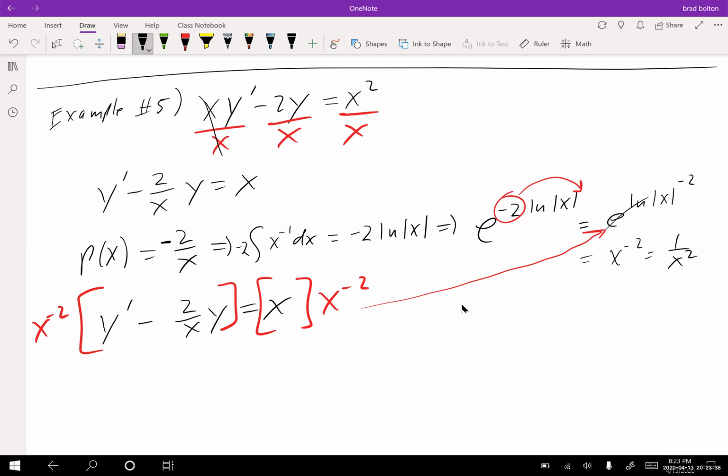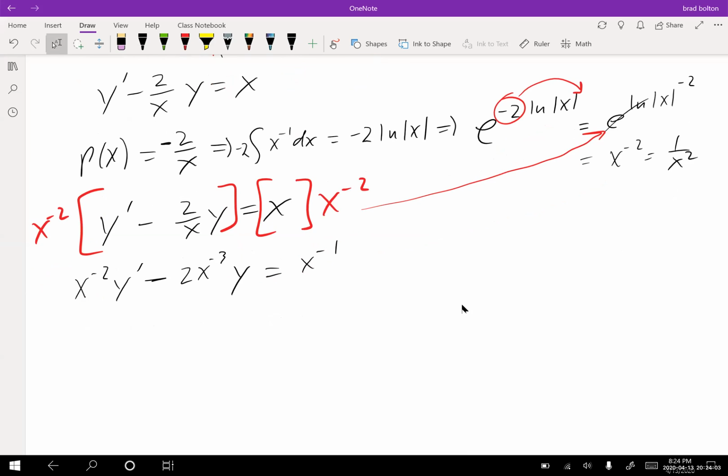So now this becomes x to the negative 2 y prime minus 2x to the negative 3 y equals x to the negative 1.